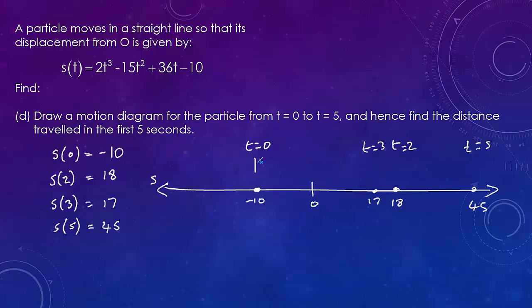So how has our object travelled? It's gone from here to there, it's then gone back to there, and then gone forward like so.